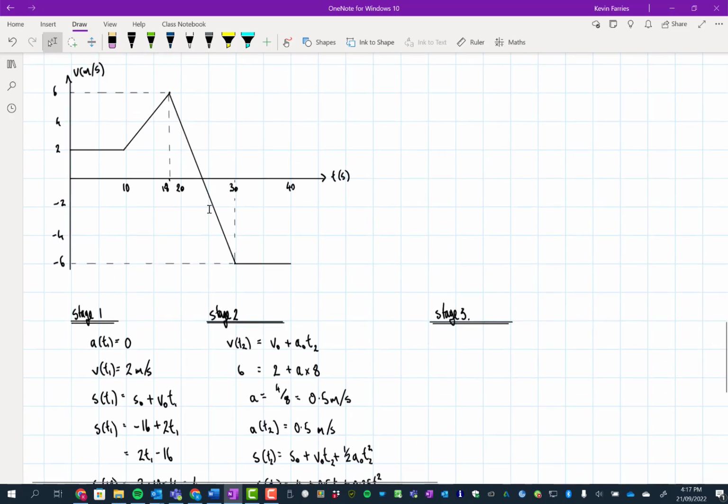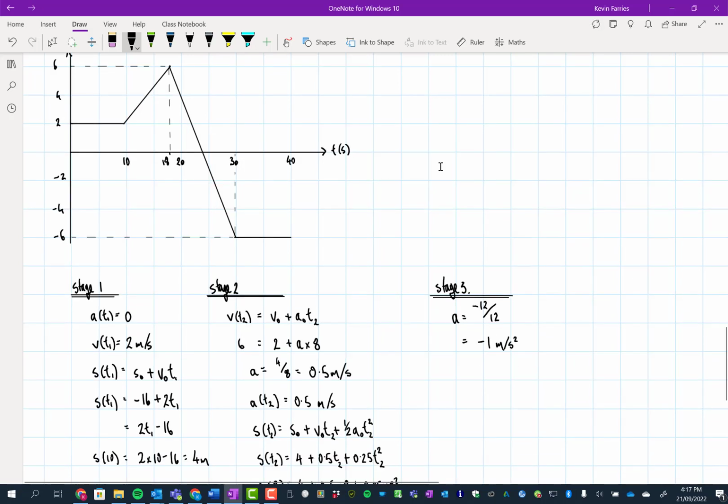So the change in velocity is minus 12 meters per second. So the acceleration is going to be the change in velocity, minus 12, divided by the time it took. It was 18 seconds at the start to 30 seconds at the end, so that's 12 seconds. And so the acceleration is equal to minus 1 meters per second squared.